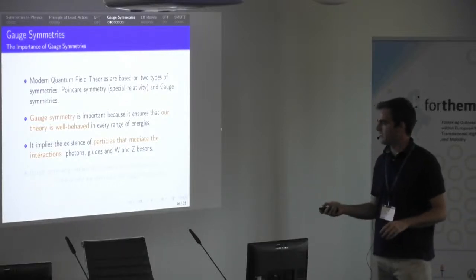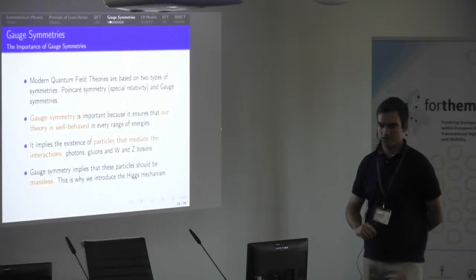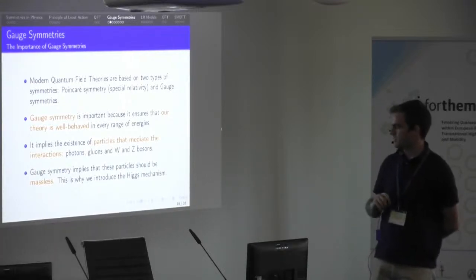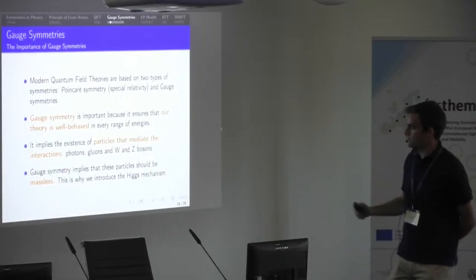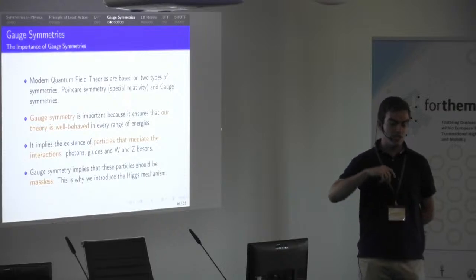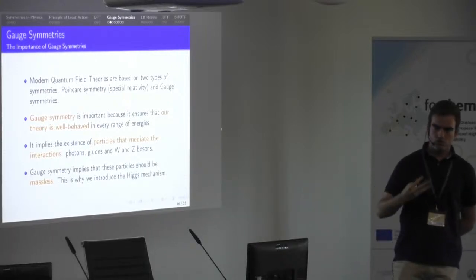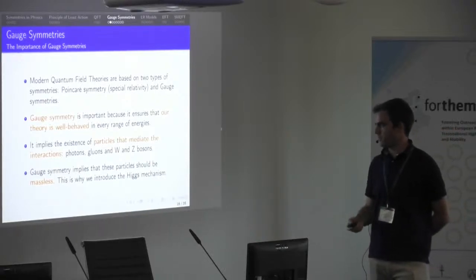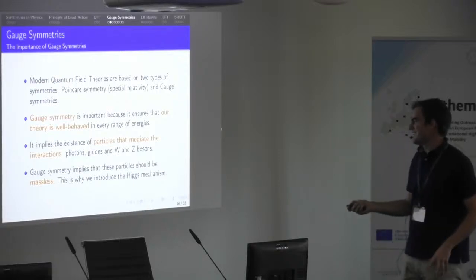But well. Finally, it is important to remark that gauge symmetry implies that these particles should be massless. This is why we introduce the Higgs mechanism. Because if we want to preserve gauge symmetry and we also want to have massive particles, we need to do something. And that something is the Higgs mechanism.